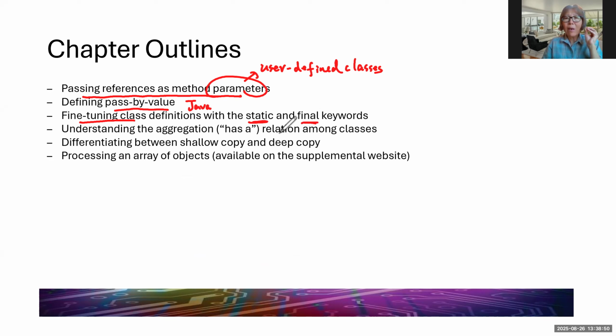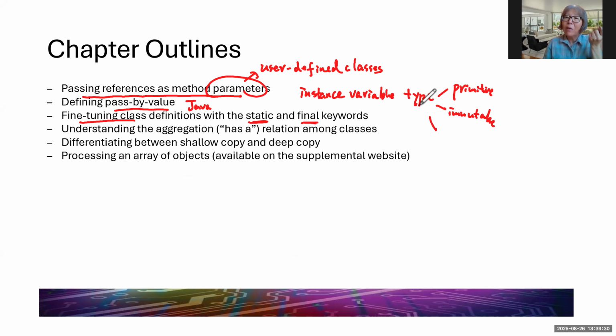Because of the user-defined classes, so far the examples we discussed are simple: the instance variable type is either a primitive data type or the immutable String type.